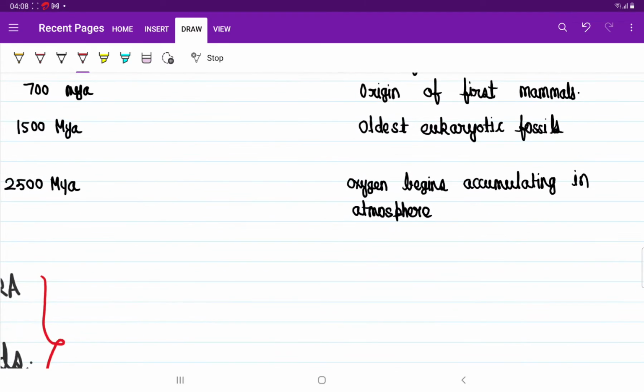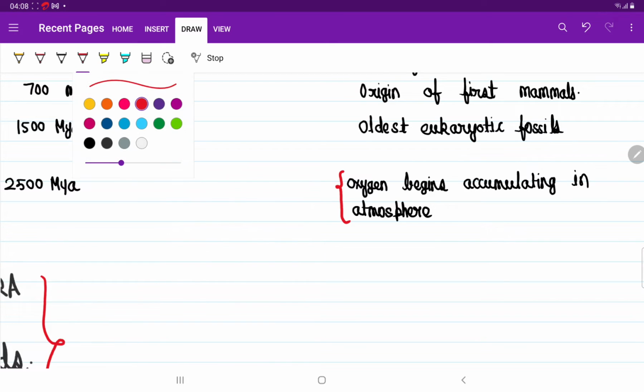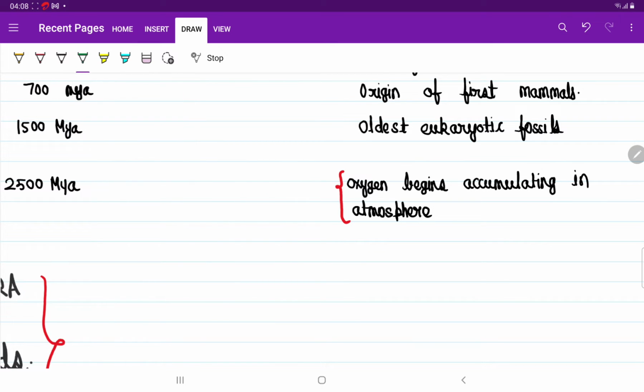With the beginning of free oxygen, blue green algae, I mean cyanobacteria, evolved, and during photosynthesis they produced oxygen. That is when free oxygen started to be released. The Earth's situation completely changed.